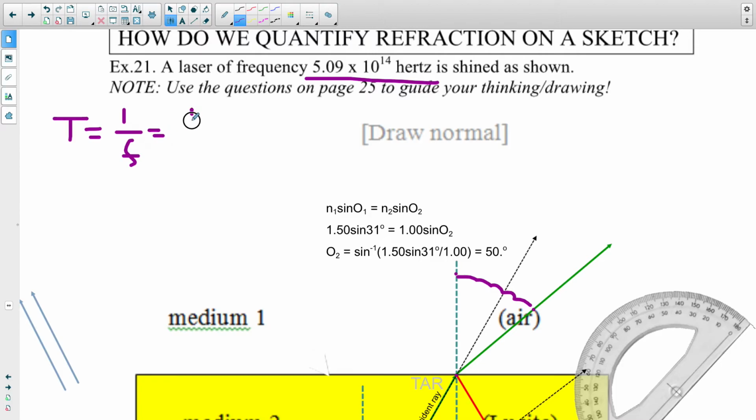So the period's going to be 1 over this number, which is roughly 2 times 10 to the minus 15th seconds, something like that. It's a little less than that, actually.